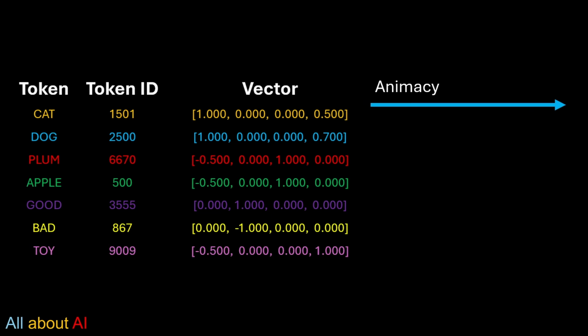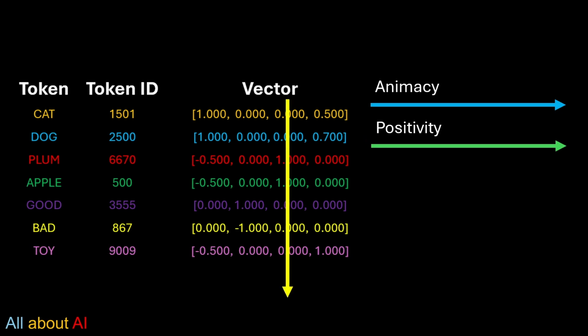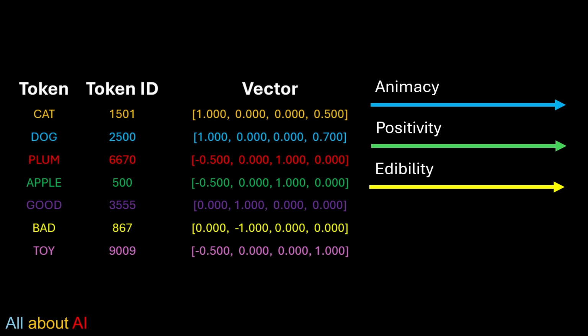In the first case, it could be animacy. The next one could be positivity. The third dimension could be edibility, and the next one would be, suppose, playfulness.